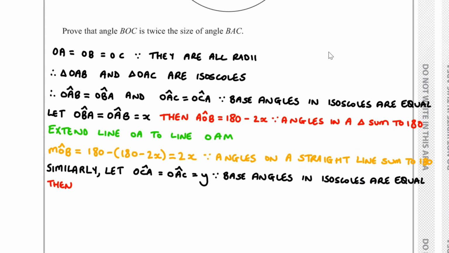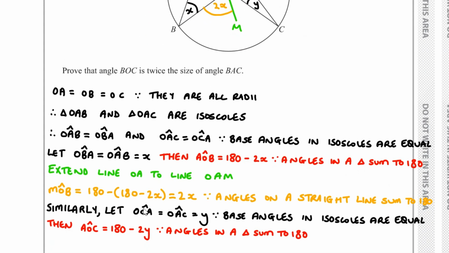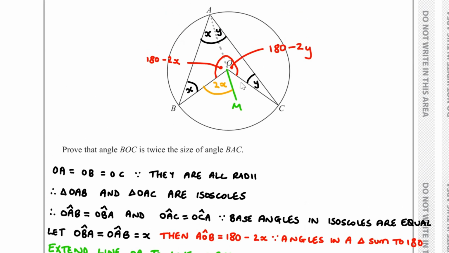So let's just write that down. AOC, which is this angle here, equals 180 minus 2y because angles in a triangle sum to 180. And with this we can find out what this angle is. This angle of course will equal 2y.